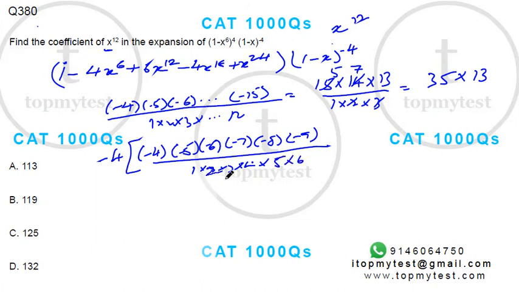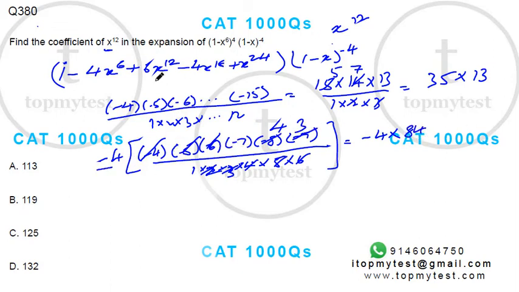So that will be minus 4 into, basically all these 6 negatives will become a positive, 7 into 12 is 84.